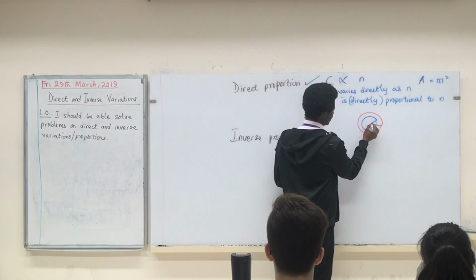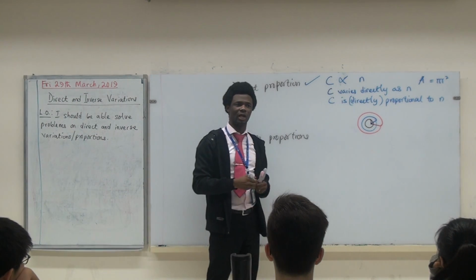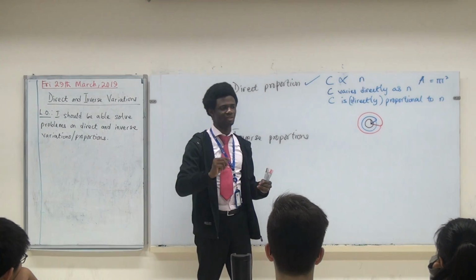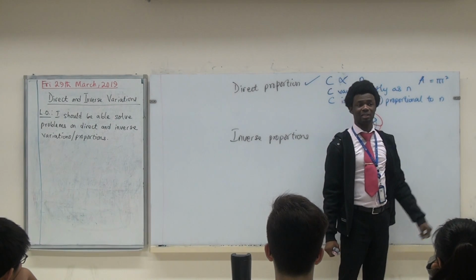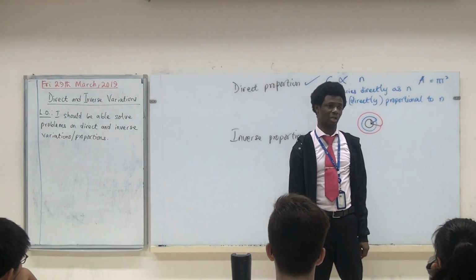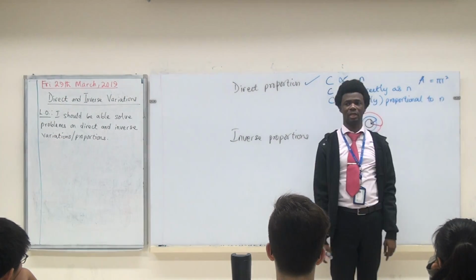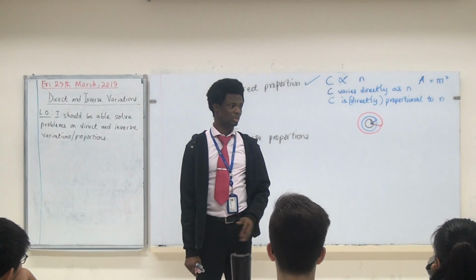But with this radius, I decide to reduce it, the area becomes smaller. Can you see that? Yeah. So the bigger the radius, the bigger the area. The smaller the radius, the smaller the area. So this A and R are actually directly related, proportional. Okay? We will see what this means later. The pi, we call that constant of variation. Later we'll talk about it.